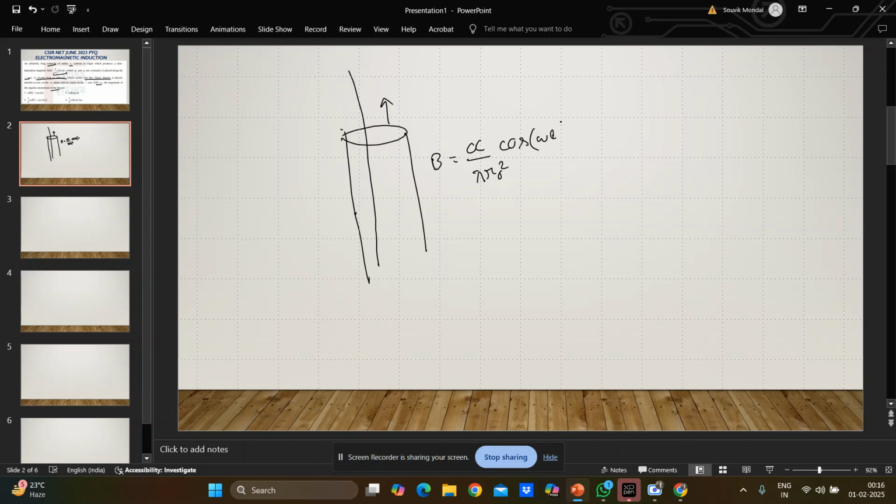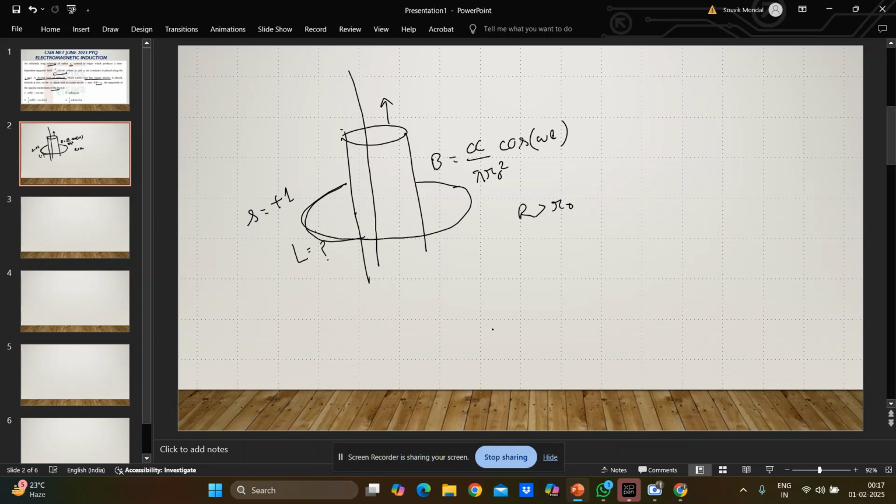And there is another loop of radius capital R, and this capital R is greater than R naught. So this is the situation. This loop of radius capital R carries a unit line charge density, so lambda is plus one. You have to calculate what is the angular momentum induced in this loop.